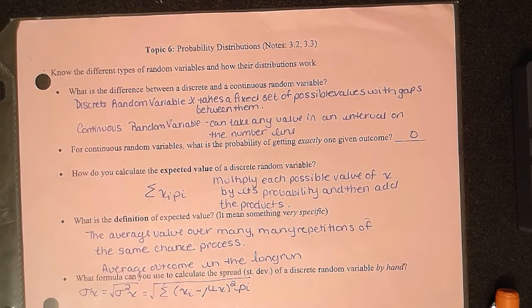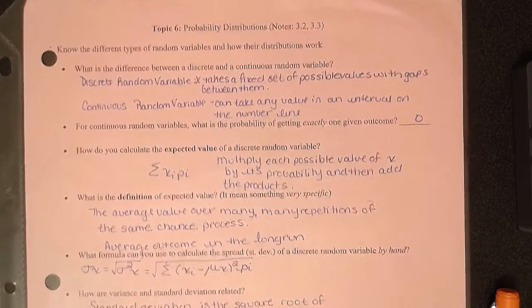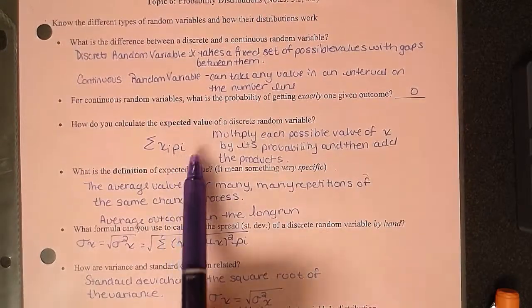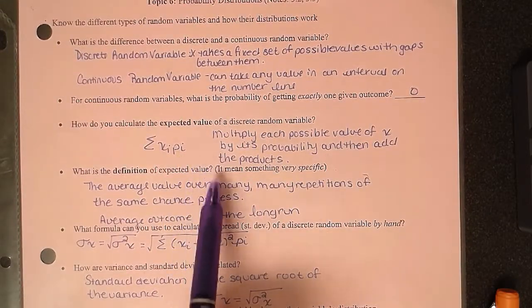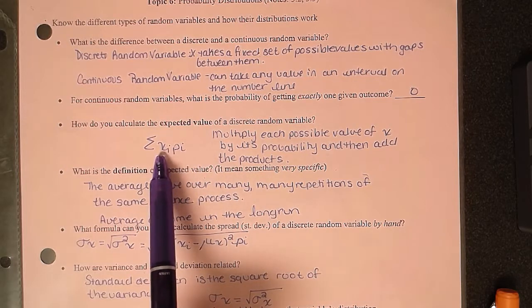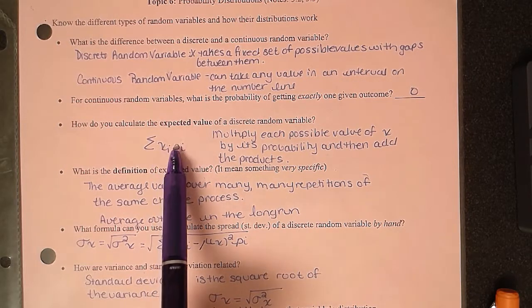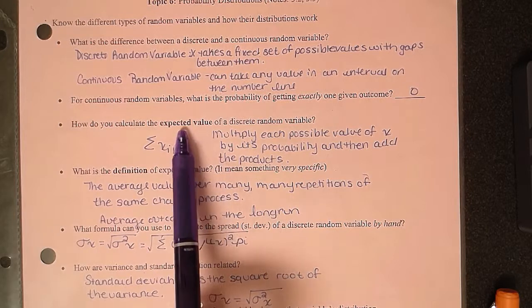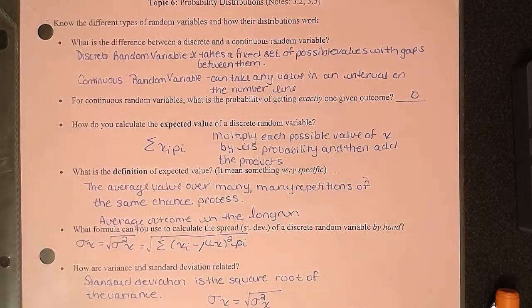The expected value of a discrete random variable, which was also a question in your multiple choice, you multiply the outcome times its probability and add them all up. The expected value is the average value over many, many repetitions of the same chance process.